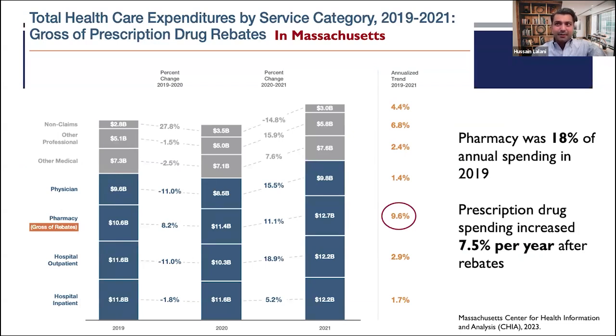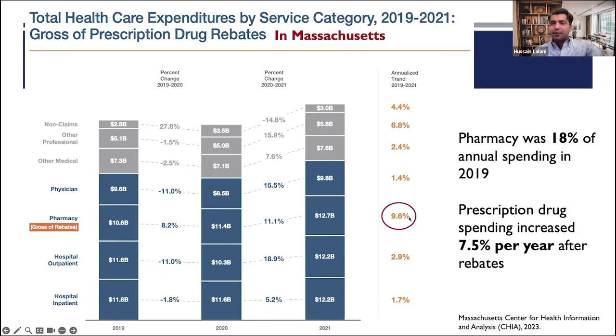And so in Massachusetts, if you take a look at the variety of different healthcare costs from 2019 to 2021, we see here there's physician costs, there's pharmacy costs, there's hospital costs. And when we track these costs over time through the Center for Health Information and Analysis, or CHIA, we find that prescription drugs are the fastest growing healthcare cost of all these other healthcare costs, and they grow at about 9.6% per year.